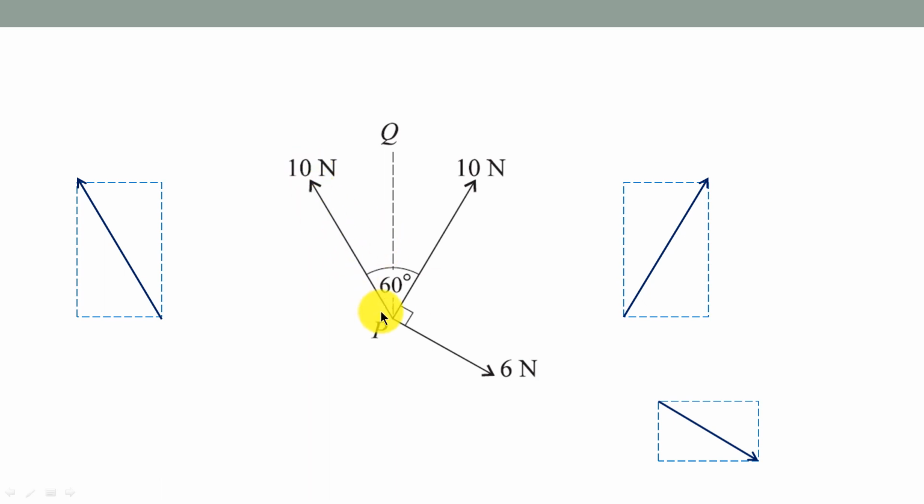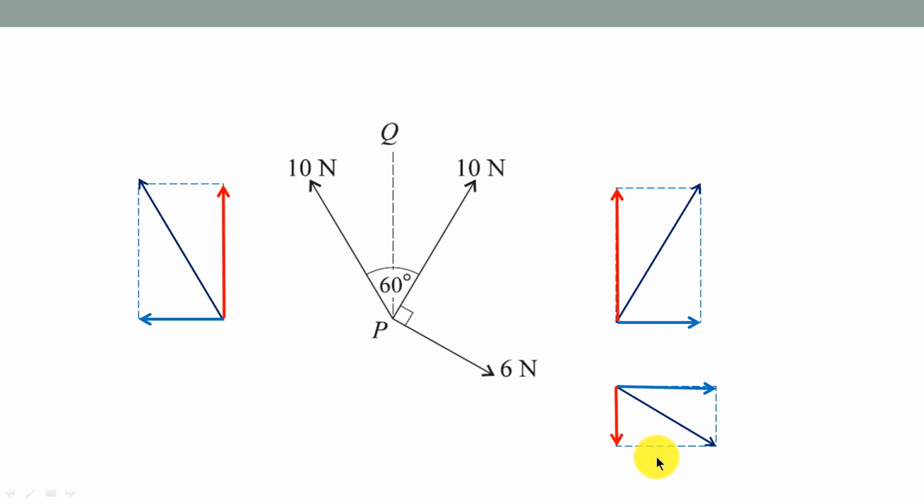I've moved the 10 Newton force to this point so that I can get its horizontal component and its vertical component. Similarly, this other 10 Newton force, I've moved it in this direction to get this component and this component. The 6 Newton force to this point, I want to get this component and this component. And the components are as shown.